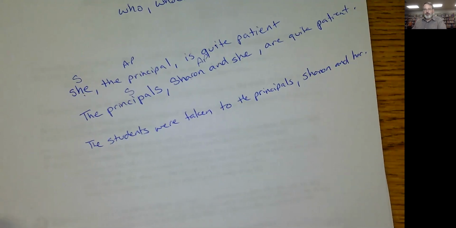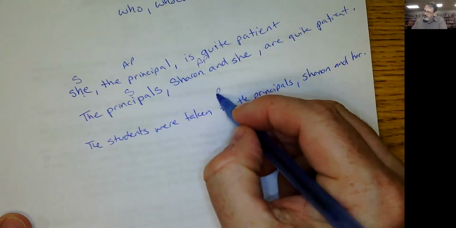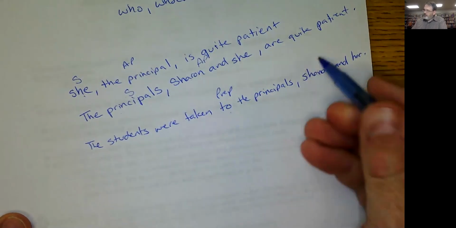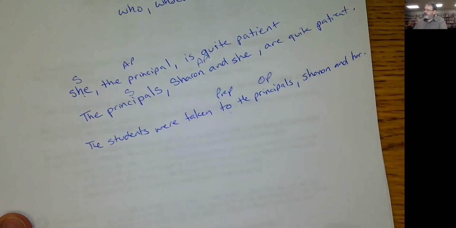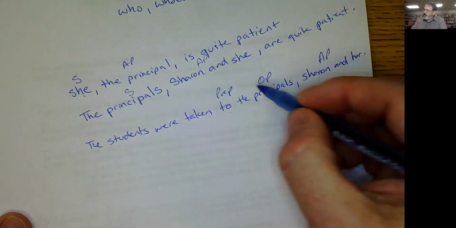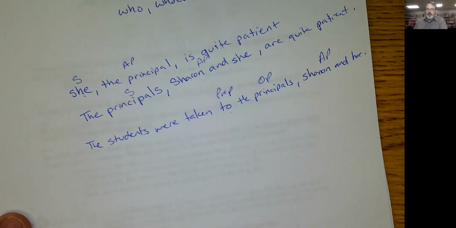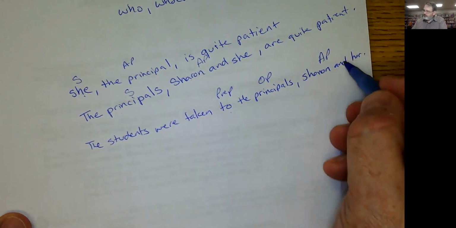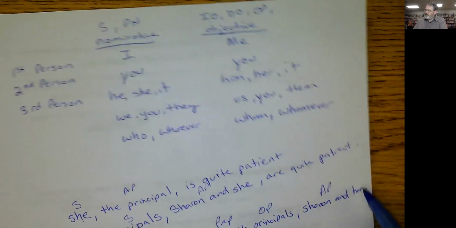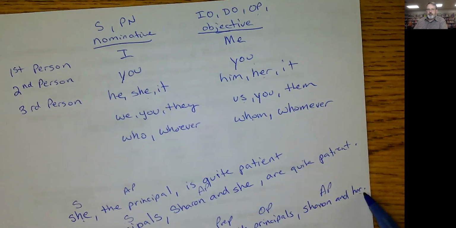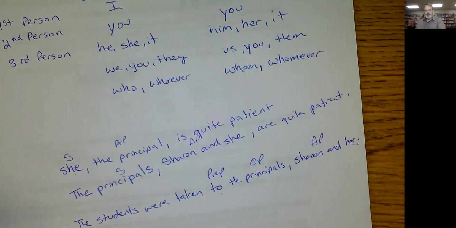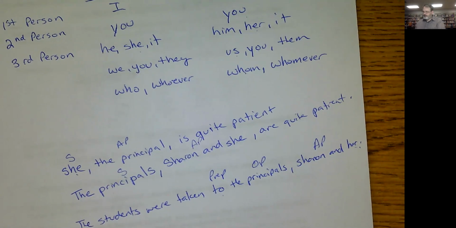Yes, why is that different? Well, it's different because this is a preposition, to the principals. This is the object of the preposition. This is an appositive of an objective preposition. It must be objective case. So objective case is her, and that would be why. Okay, hopefully that makes sense.